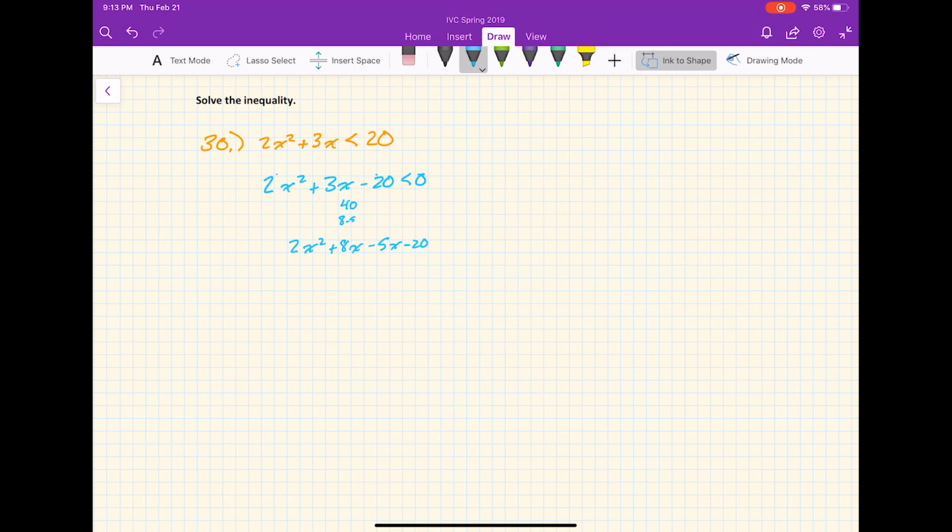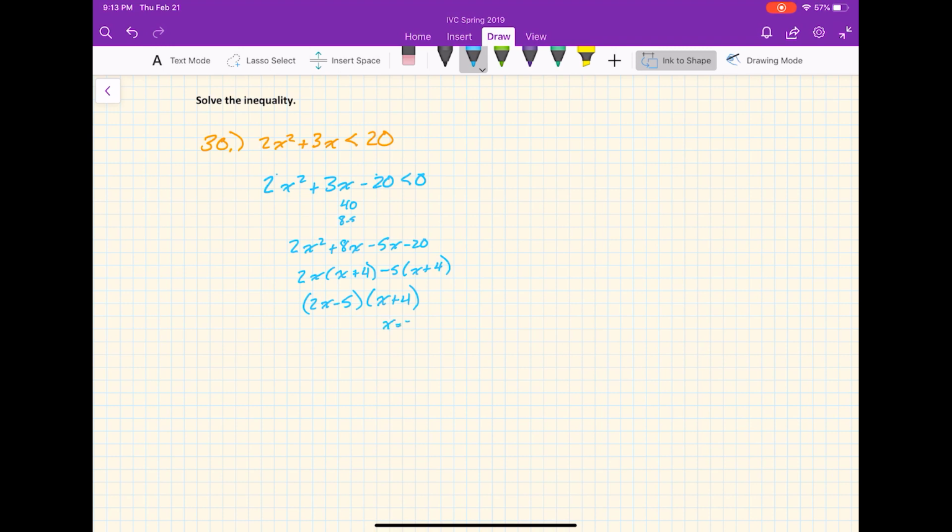Now I can factor out a 2x, so 2x gives me x plus 4, minus 5 times the quantity x plus 4. So it's 2x minus 5 times the quantity x plus 4. There we go.